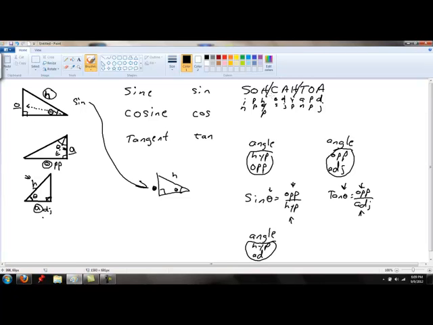The way it reads, you can probably figure it out by now. The cosine of the angle is equal to the adjacent over the hypotenuse.